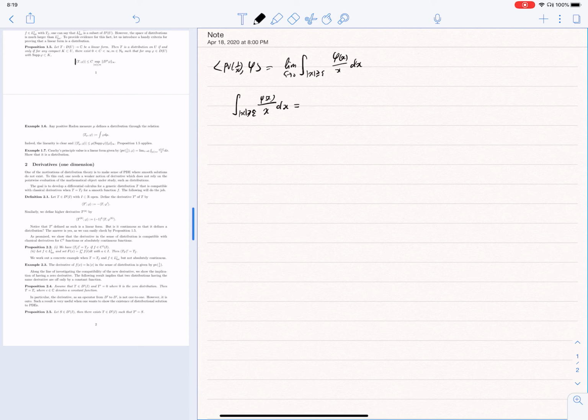Since we remove the singularity, which is at 0, this is a well-defined object, and let's rewrite it. We can separate the domain in two parts. First part, negative infinity to negative epsilon, of phi of x over x dx. And the second part, from epsilon to infinity, of phi of x over x dx. Let's make a change of variable for the first integral, and we're going to have the integral from epsilon to infinity of phi of negative x over x dx.